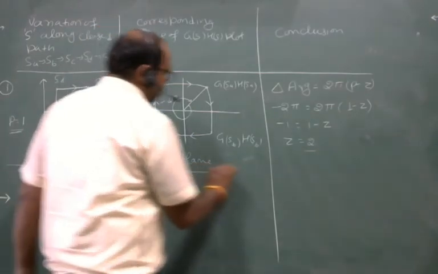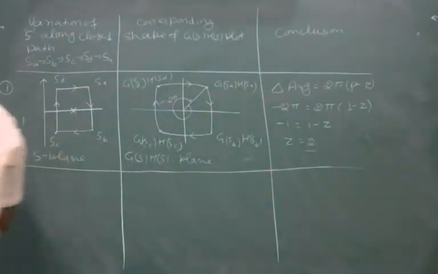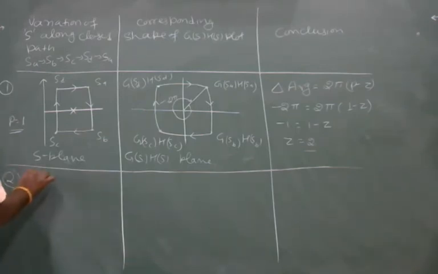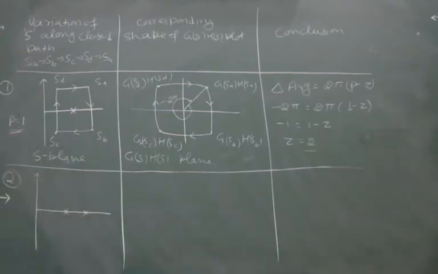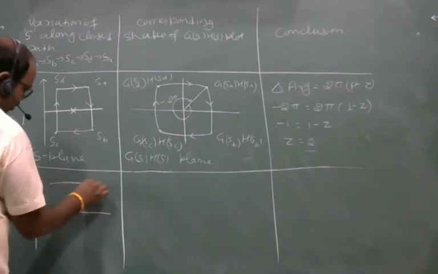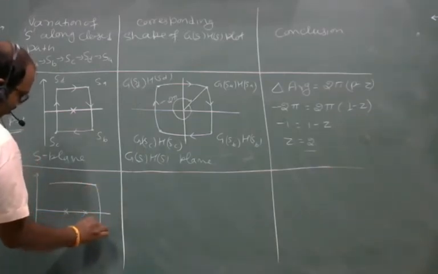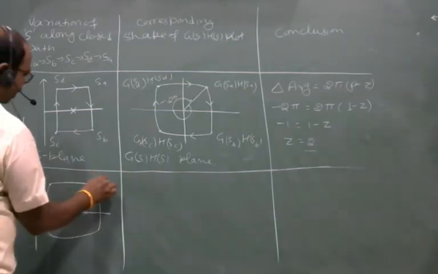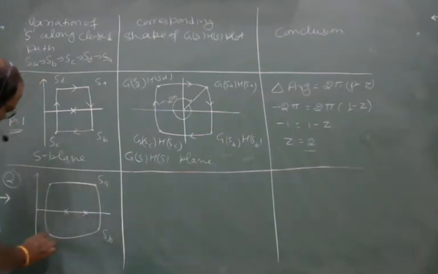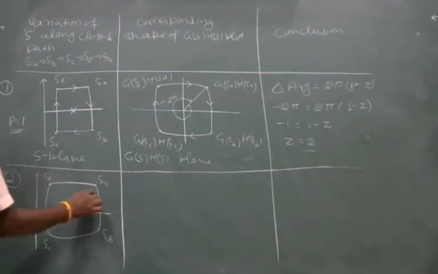The next condition is, the diagram is like this. We have two poles and the specified region is sA, sB, sC, sD, and the direction of flow is like this.